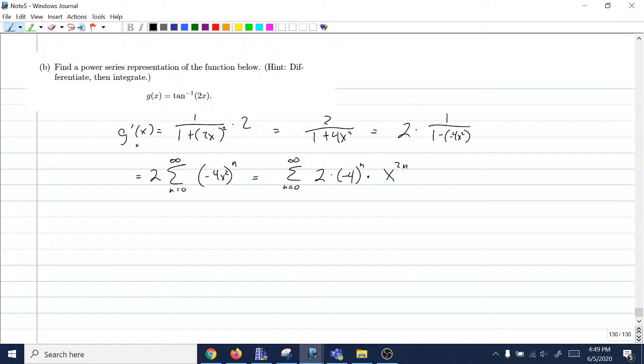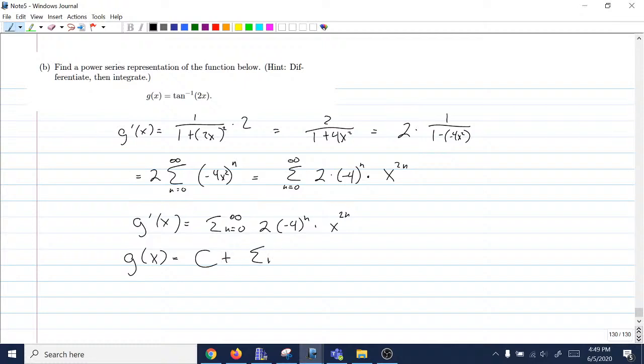And that's g prime of x. So g of x is going to be the integral of that, up to a constant.